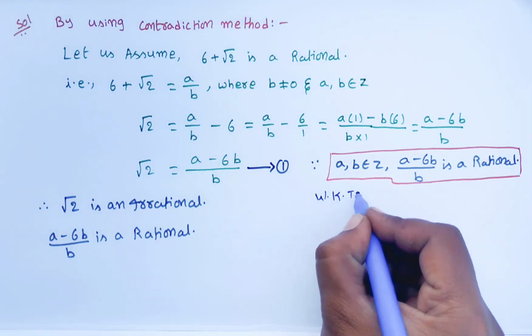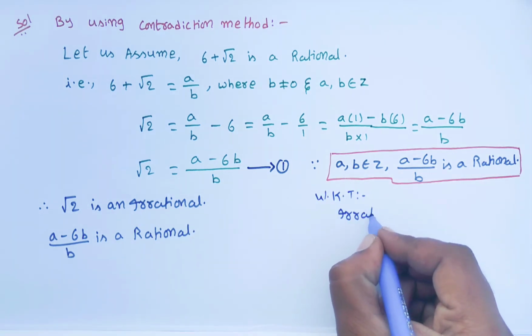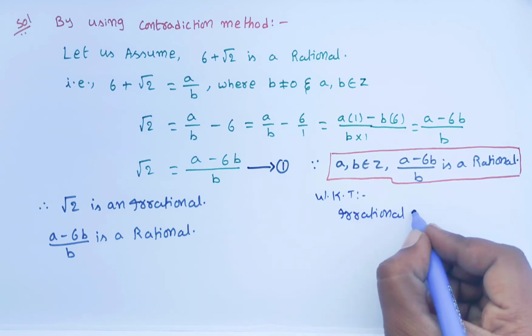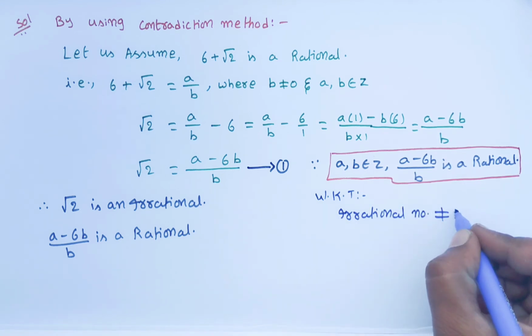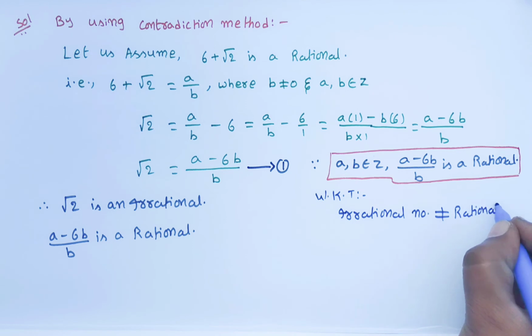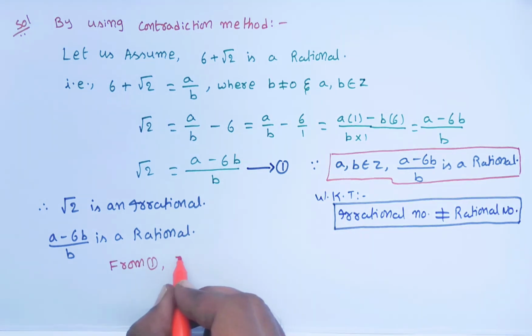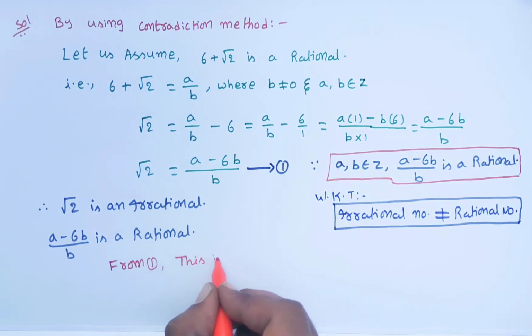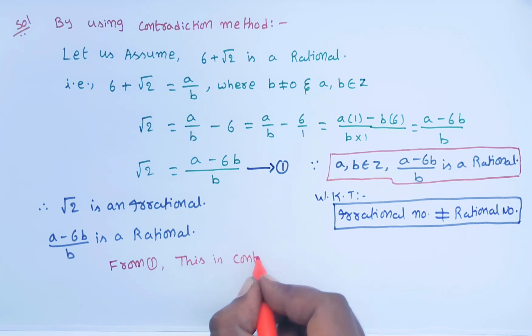We know that an irrational number is not equal to a rational number, but from equation 1 we get irrational number equals rational.